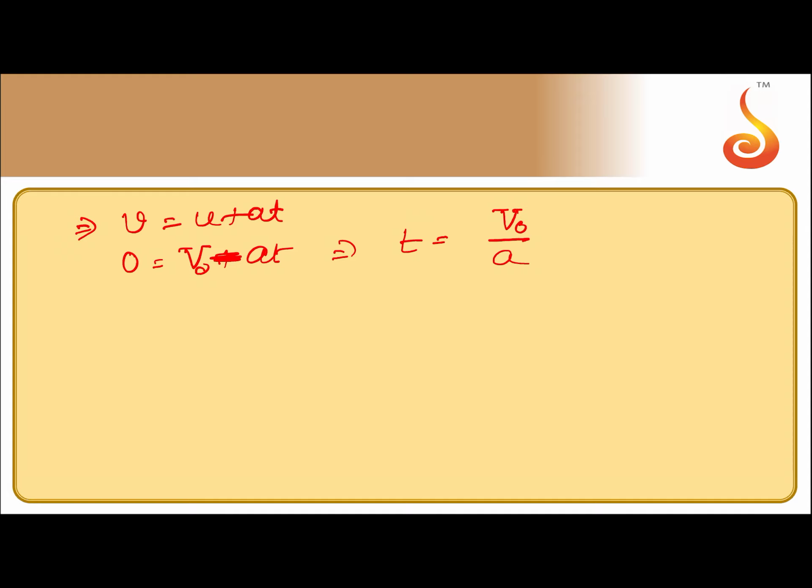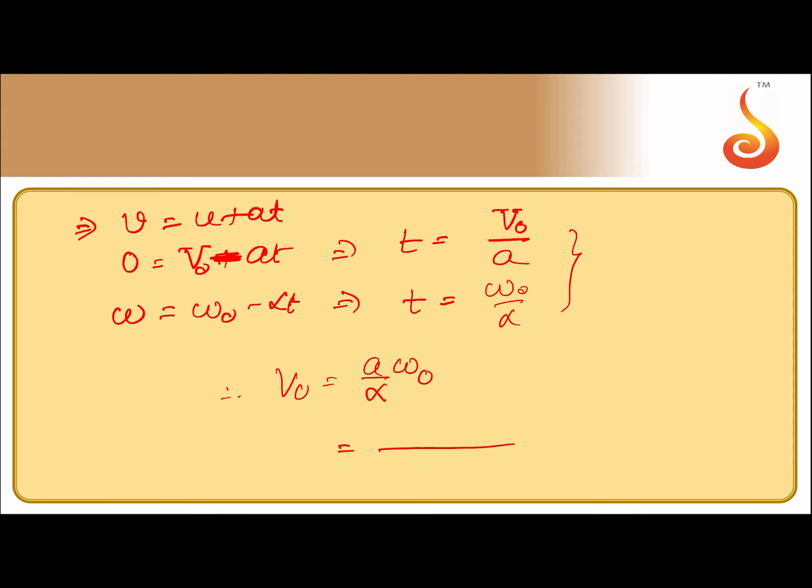And we can also write omega is equal to omega naught minus alpha t. This gives me again t is equal to omega naught divided by alpha. So I can write v naught divided by a is equal to omega naught divided by alpha. But what is that linear acceleration? That is mu g.